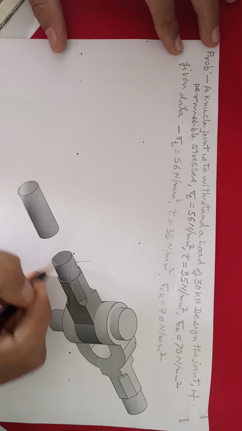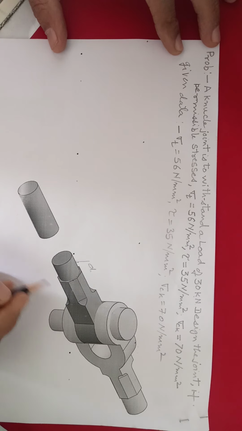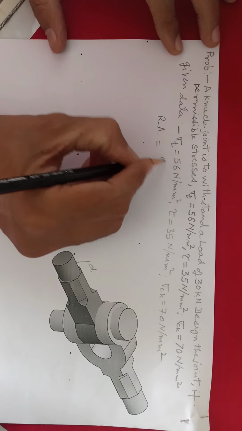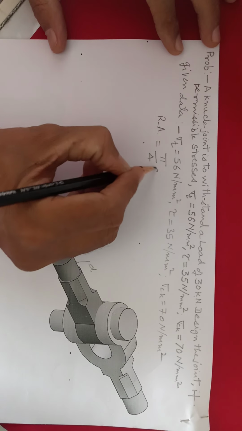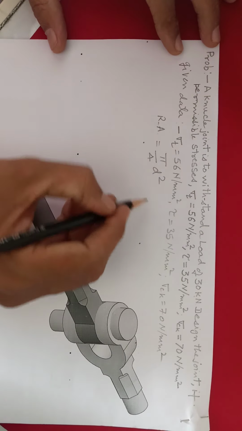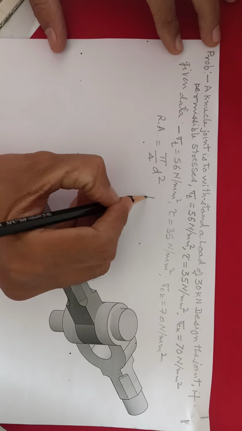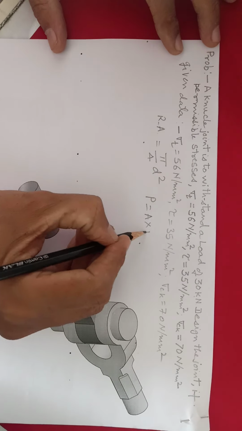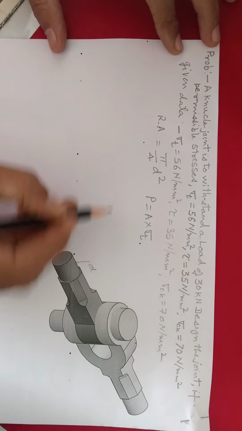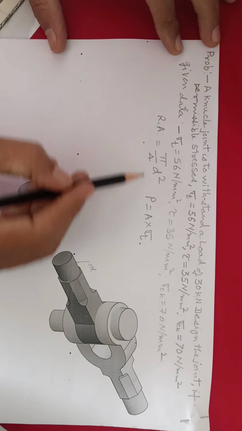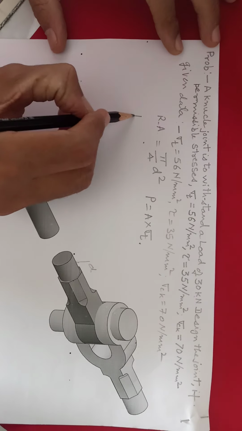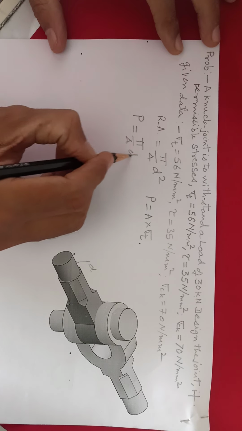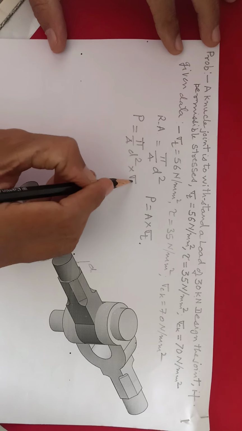Suppose this is the rod, it is in tension, and then the resisting area is given by pi by 4 d square, and the strength equation is given by P is equal to resisting area into permissible stresses. Now here resisting area is pi by 4 d square, so the strength equation will be P is equal to pi by 4 d square into sigma t.